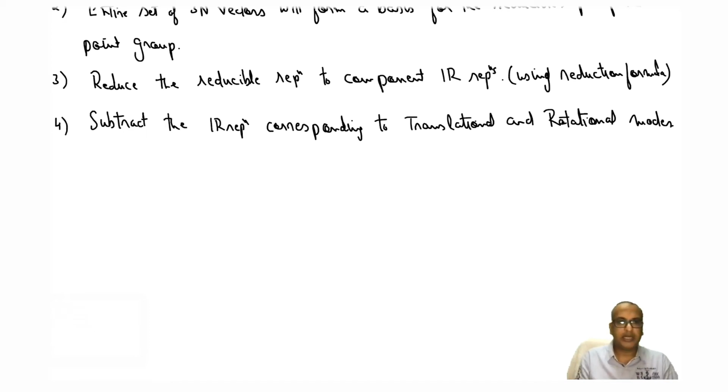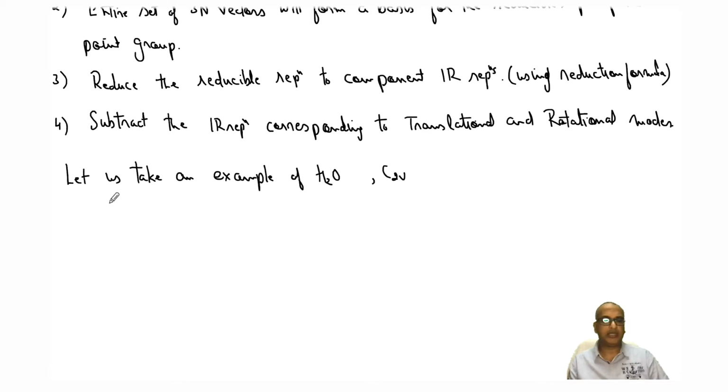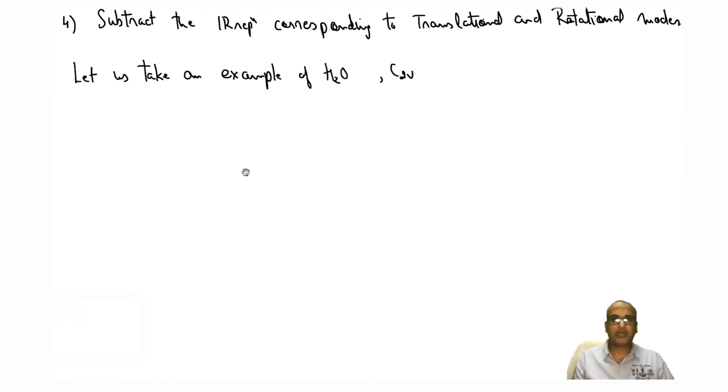So let us take an example of water. Point group is C2V, right? We have been discussing this a lot. So now the first step is, so you have water, to place X, Y, Z on all three atoms. So three vectors on each atom, right?